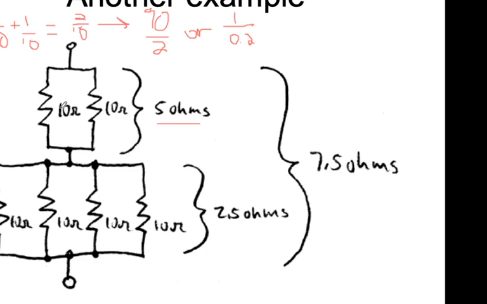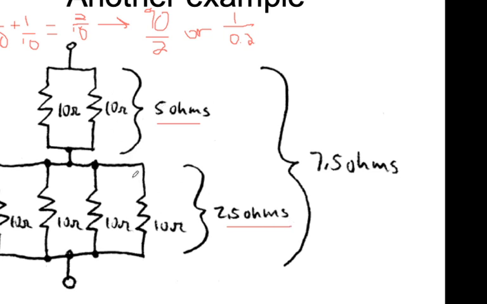Those two are in parallel, but they are not in parallel with the remainder here. They're actually in series because the current joins back up and continues. So we have the full amount of the current flowing into these 4 10 ohms in parallel. If we did this again, but instead of 2 over 10 we have 4 over 10, we end up with 2.5 ohms.